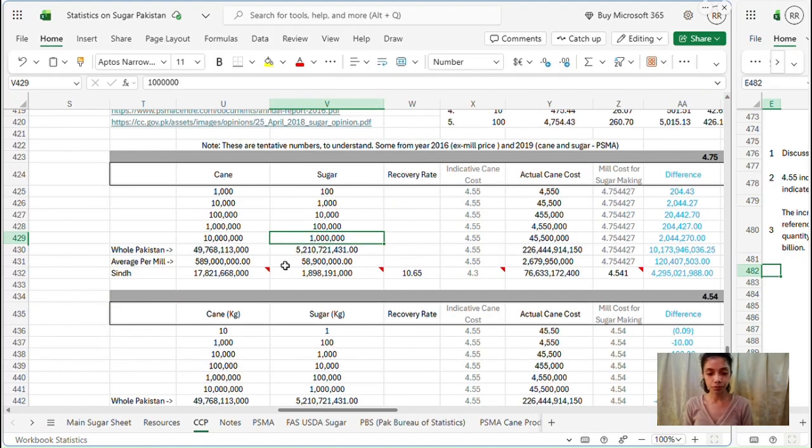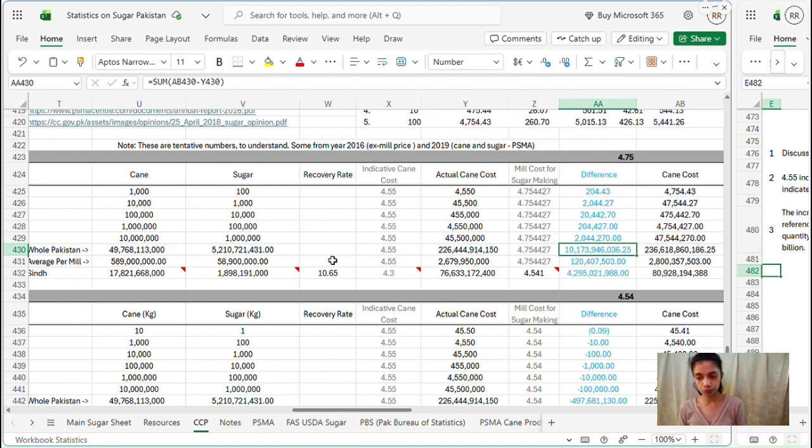Hi, I'm resuming again. So here we were discussing that 4.55 is going to produce this difference amount in terms of value.